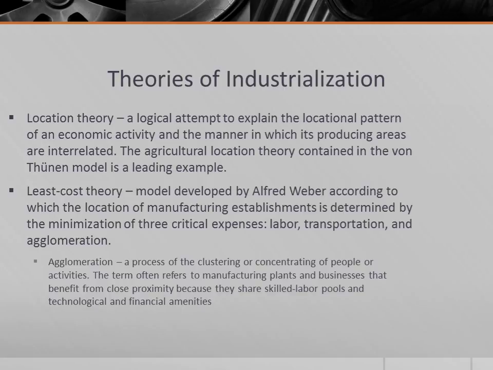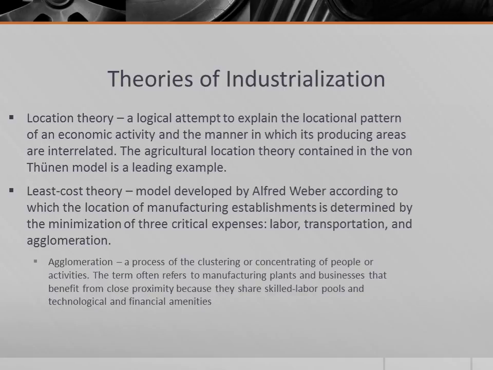So in this case, the location theory for industry, the industrial location theory, is what we call the least cost theory. And the least cost theory was a model developed by Alfred Weber, according to which the location of manufacturing establishments is determined by the minimization of three critical expenses: the cost of labor, the cost of transportation, and the concept of agglomeration.